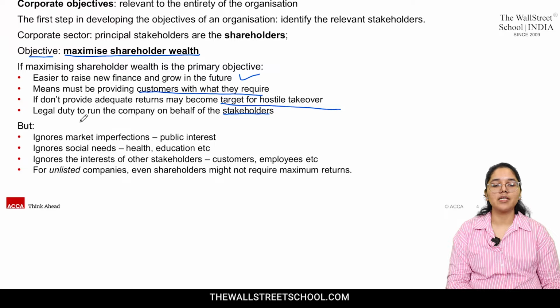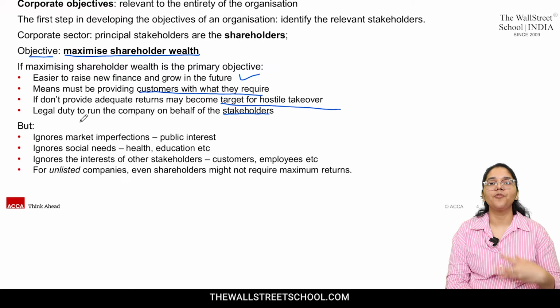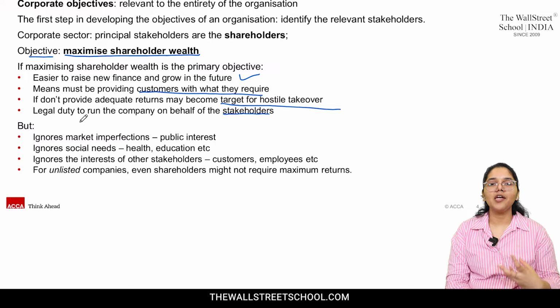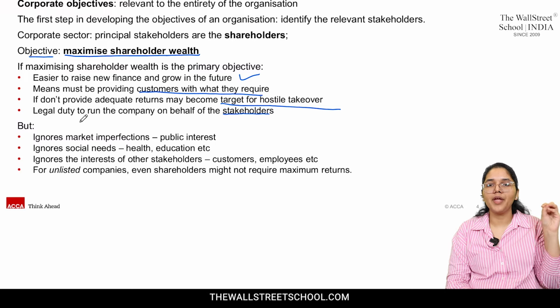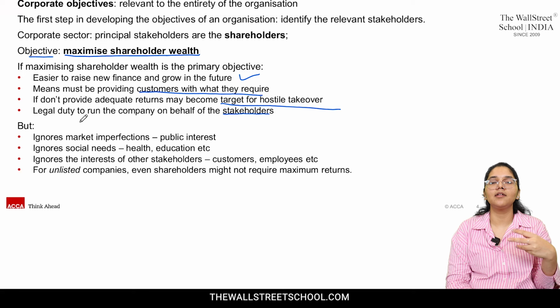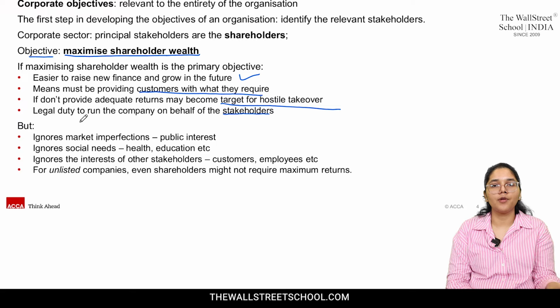Firstly, it ignores market imperfections, for example, public interest. So let's suppose the company that we are operating is maybe a hospital. People come to hospitals whenever they fall sick, whenever they require some medical treatment. So if our entire motive is to make profits, to achieve that objective, we keep our prices so high that it is not possible for any normal person to get the treatment done at our hospital.